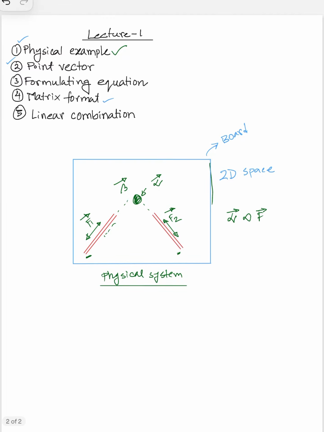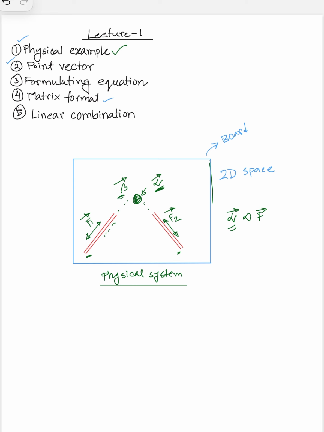Rather, I'm more interested in how alpha and beta can be adjusted to find a way to control the position of the ball, or to end up in a position where we actually want the ball to be at. So that means we need a good control on alpha and a good control on beta.